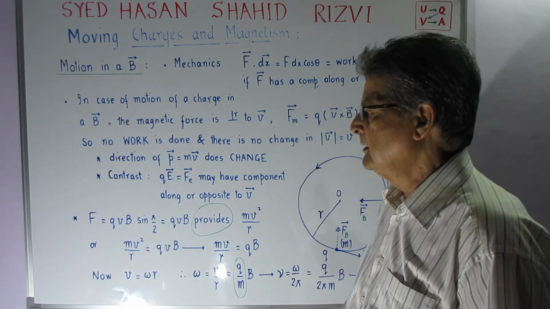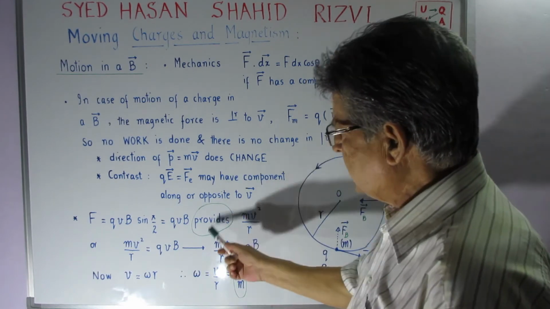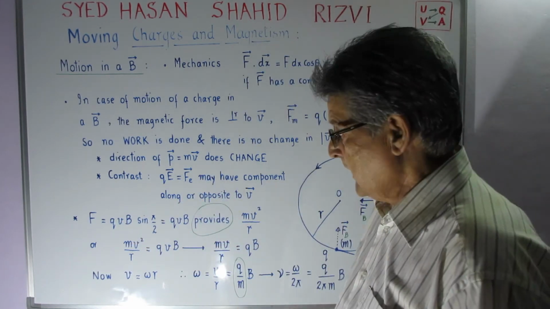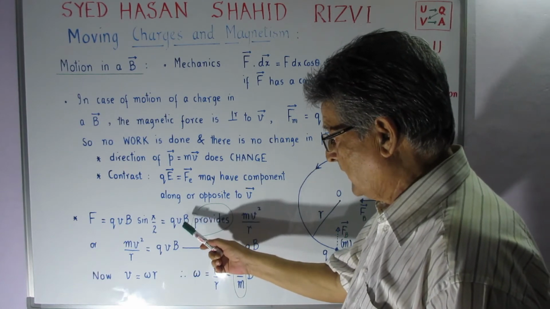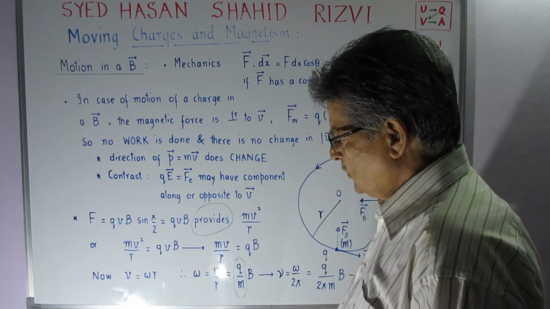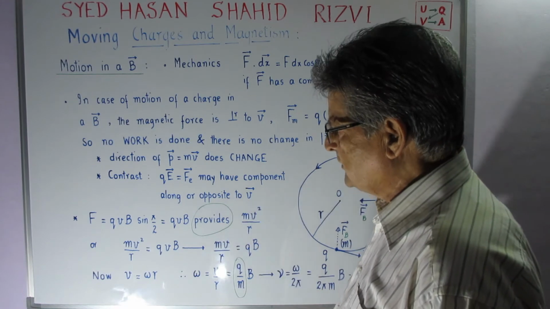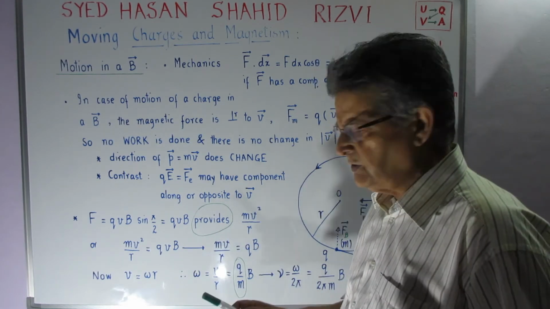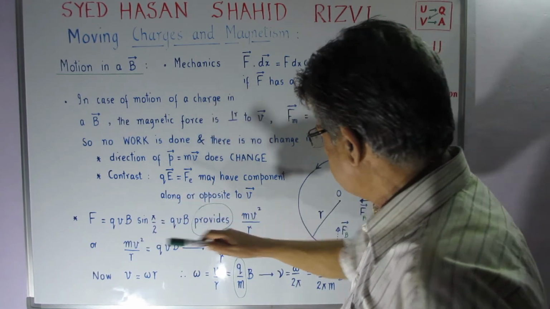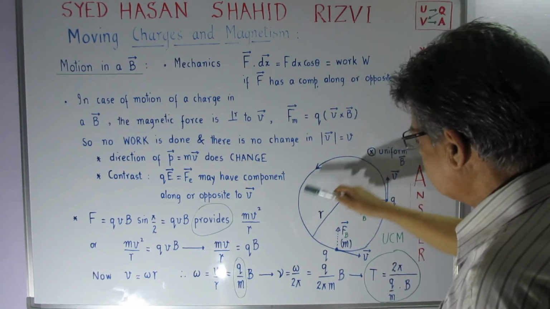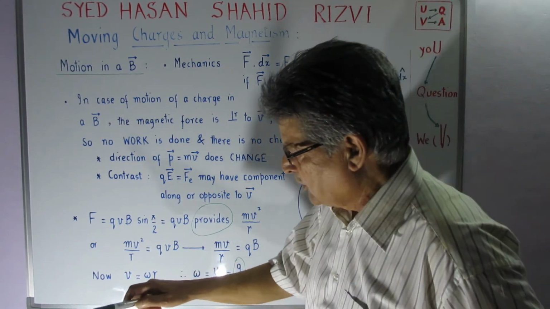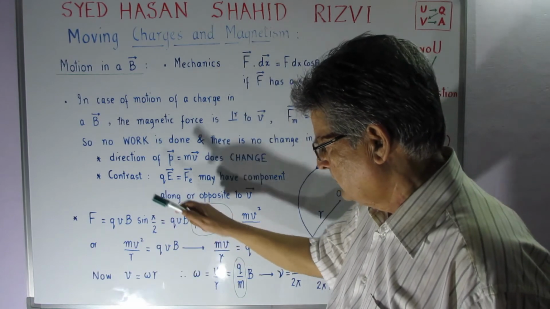This is when the velocity has a component in the direction of the magnetic field. So when both of them are in the same direction, there is no force, but there is a velocity, and that means this circular path will go like this.